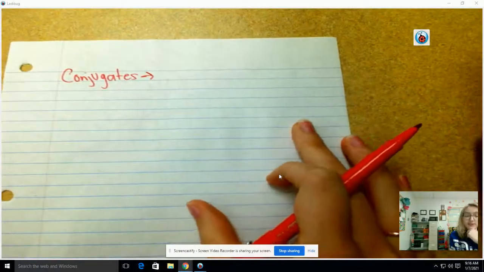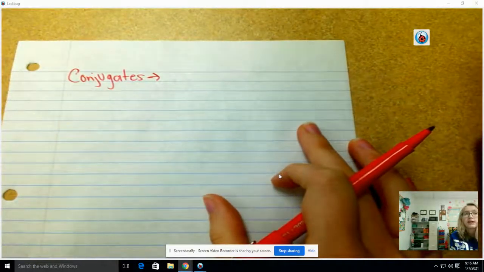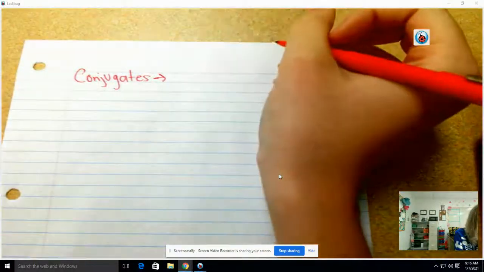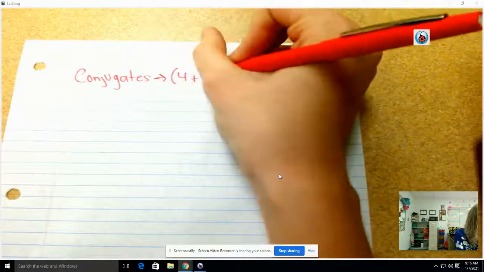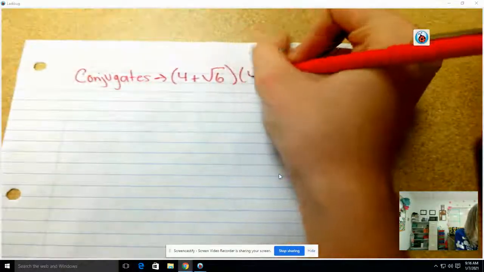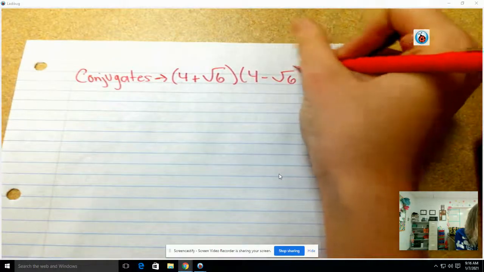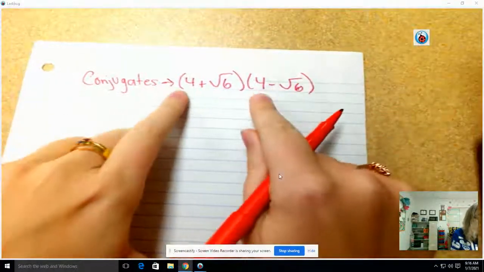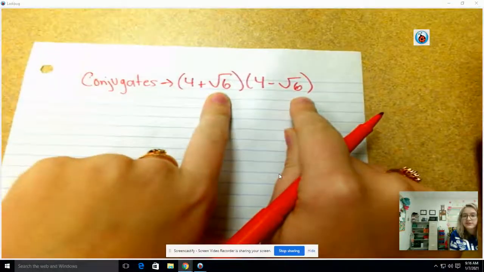The only difference is one has a plus sign and one has a minus sign. So you're going to have something such as 4 plus radical 6 and then 4 minus radical 6. This is an example of conjugates because your first terms are the same, your last terms are the same, and the only thing that differs is the sign in the middle.